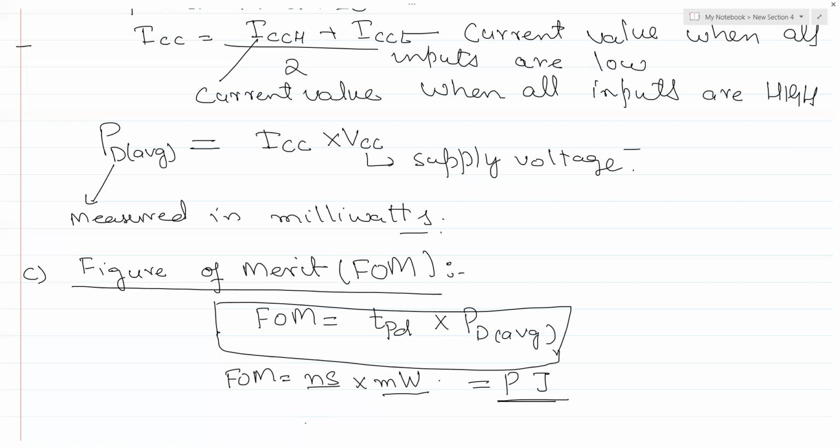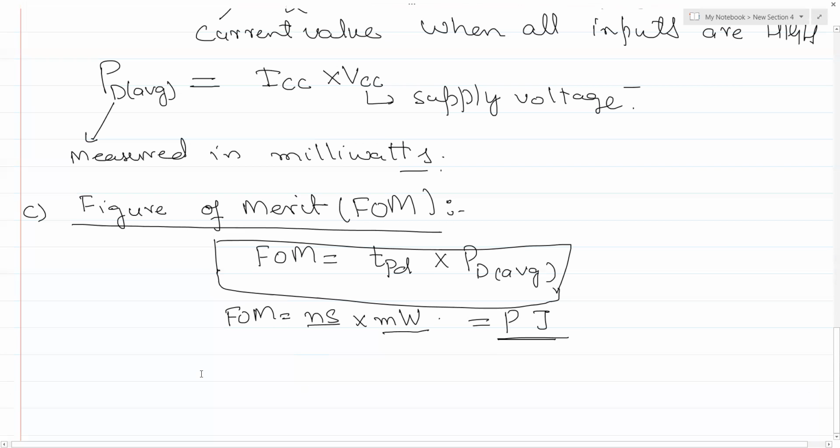Reason: you need power dissipation to be as minimum as possible, and propagation delay should also be minimum. There should be minimum delay while you are getting the output, that means minimum delay while processing any input.